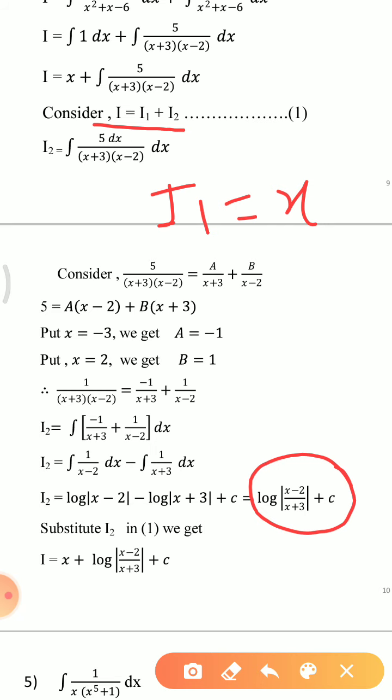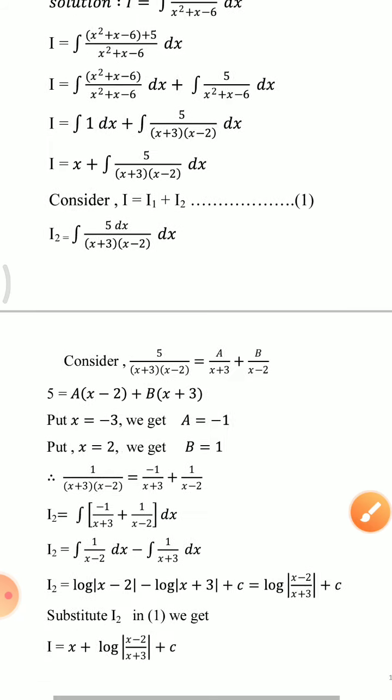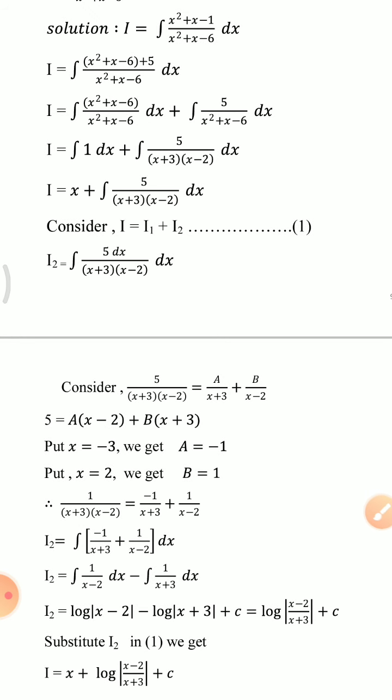That means the integral of x square plus x minus 1 upon x square plus x minus 6 dx, the answer becomes x plus log of mod of x minus 2 upon x plus 3 plus c. This is how you have to solve the question here.